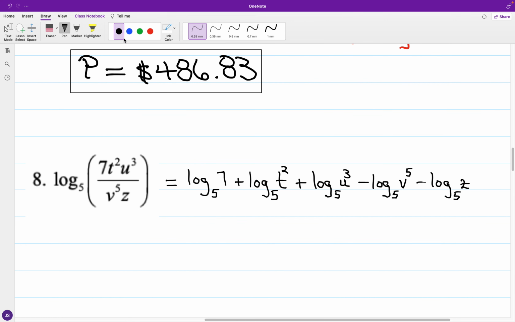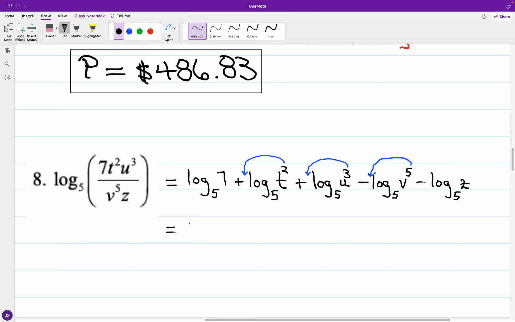Once again, we are converting from exponents to coefficients. First, I had the base 5 logarithm of 7. 7 is not an integer power or a multiple of 5, so in exact terms this remains the same. The 2 is going to be moved, as will the 3 and the 5, for the variables t, u, and v.